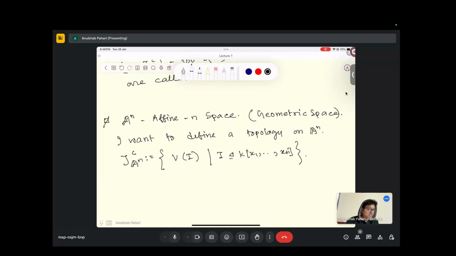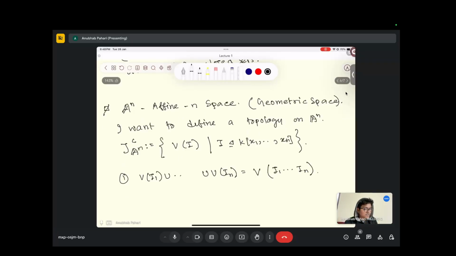There is nothing called infinite product in algebra. So if I take a finite union, it makes sense, and that is enough. So tau c of A^n is closed under finite union.